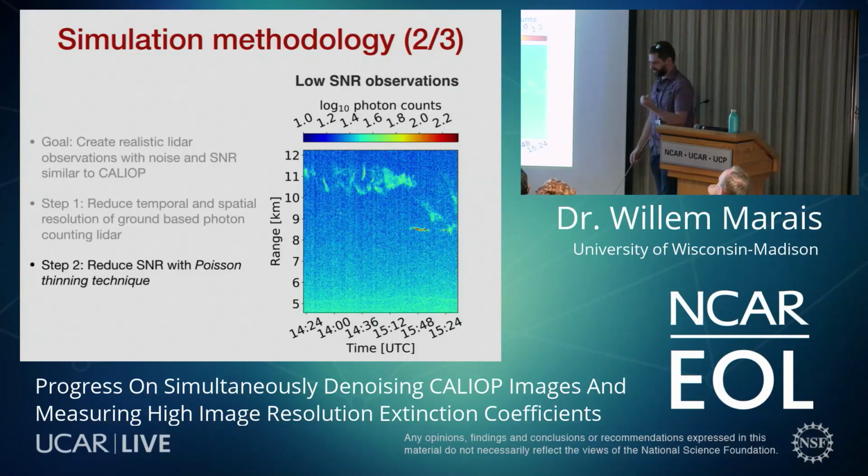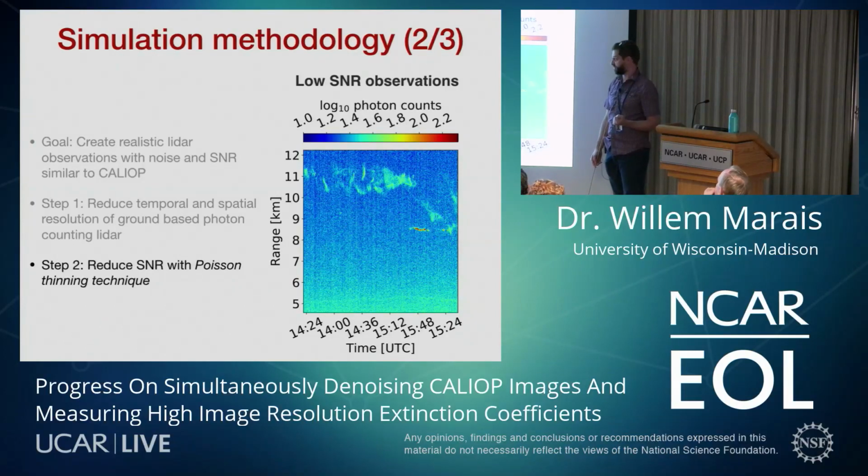Next step is to reduce the SNR of the image so that it is similar to a space-based lidar instrument. And we use a technique that we also use with the MPD. It's called Poisson thinning. Basically, for each pixel in your photon counting image, with a random process, you randomly sample the individual photon counts, and the photon counts that you sampled, you place in a second image.